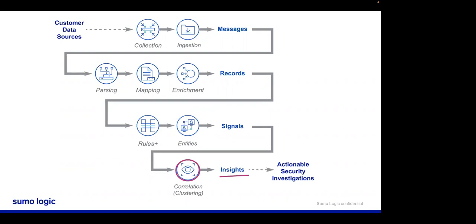So I'm going to look at the rules that have fired off, those signals, and the entities of those signals. I'm going to correlate them by entity. And if the value of the scores of those rules is greater than or equal to 12 over a 2-week period, I'm going to fire off an insight. And that insight allows you to see kind of a story of what's happening. And so that makes it much easier for your analysts to be able to see what's going on.